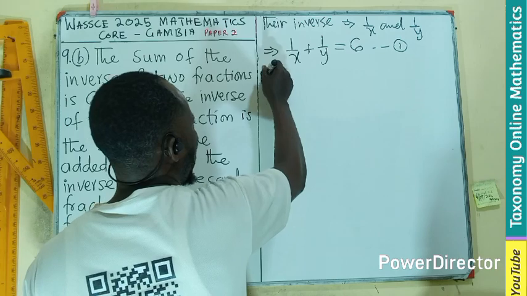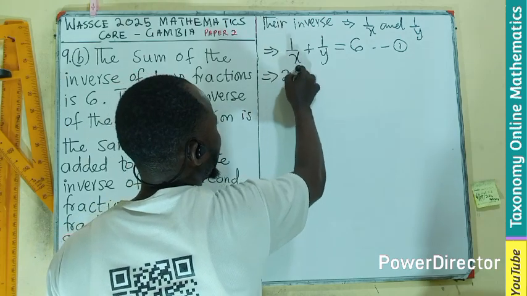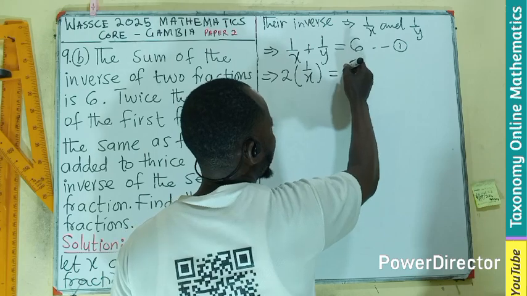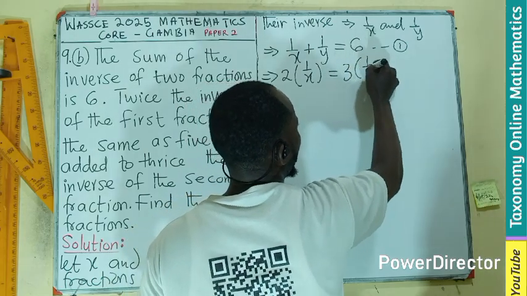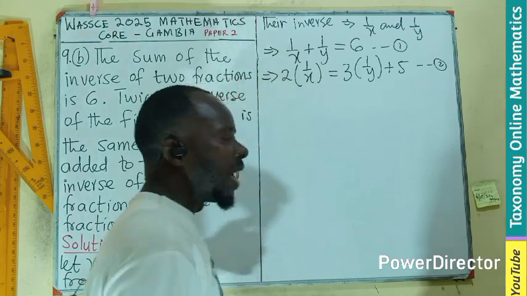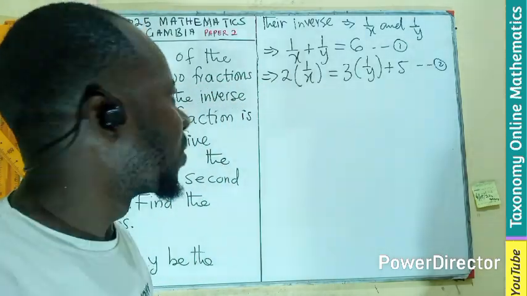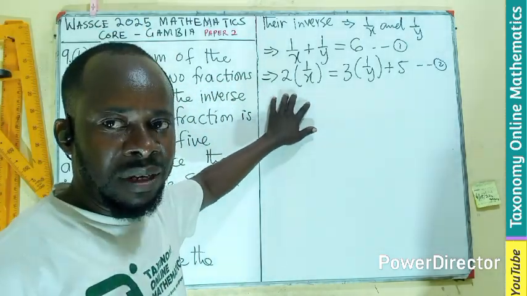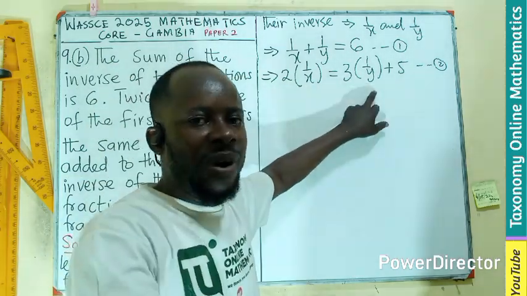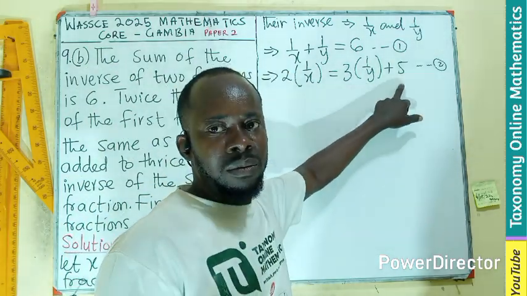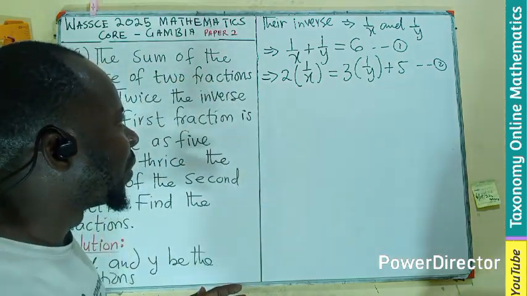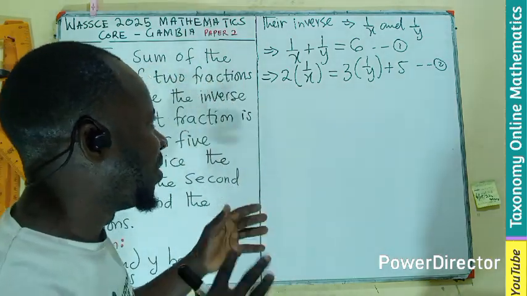Let me say that 2 times 1 on x is the same as 3 times 1 on y added on by 5. That's the second equation we have. 2 times the inverse of the first fraction equals thrice the second fraction added on by 5.